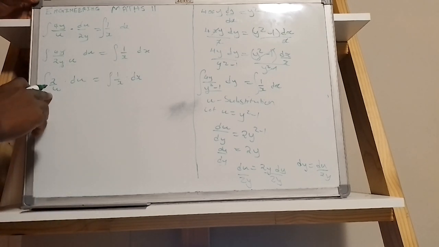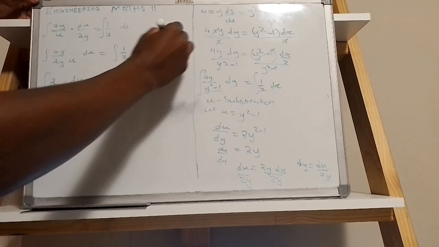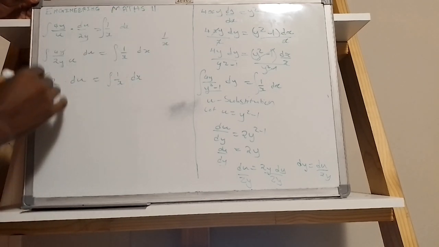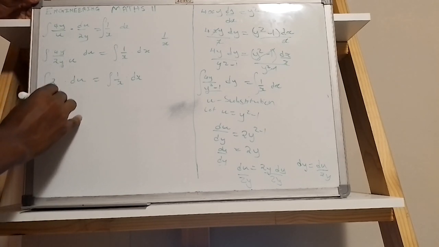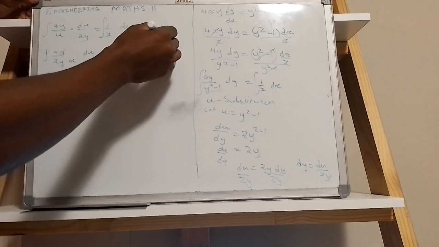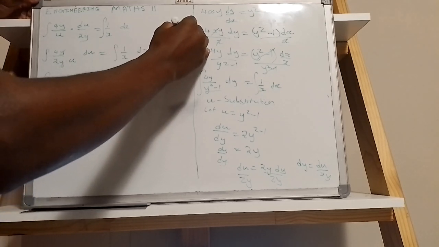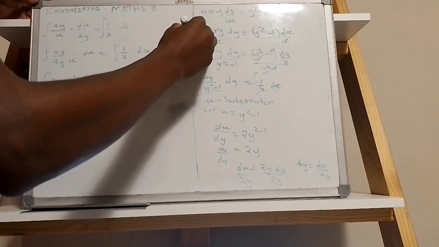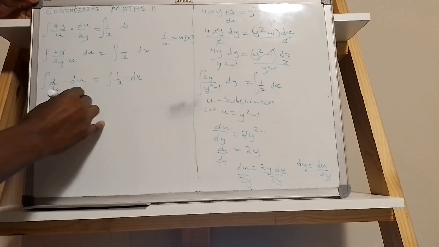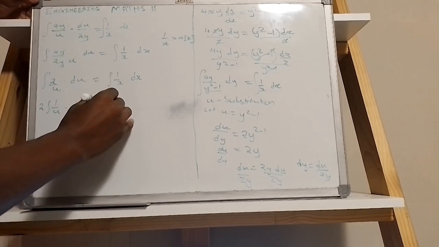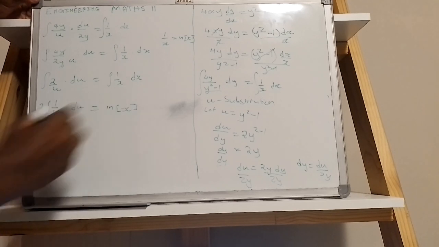When I integrate 1 over x, what will I get? I can take the 2 out and have 2 times the integral of 1 over u. When I integrate 1 over x, my solution will be ln of x.